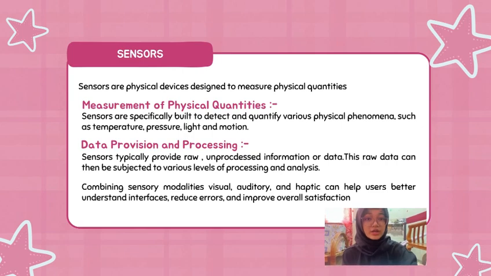This raw data can then be subjected to various levels of processing and analysis. Combining sensory modalities, visual, auditory, and haptic, can help users better understand interfaces, reduce errors, and improve overall satisfaction.